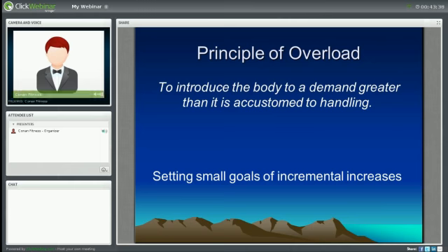And it's kind of like setting small goals of incremental increases in any one of those parameters, right? So you might say, okay, I want to improve cardiovascular endurance. So we say, great, what were the main stimulants for cardiovascular endurance? How can I gradually, slowly tweak over time incremental increases so I use the principle of overload to that parameter?